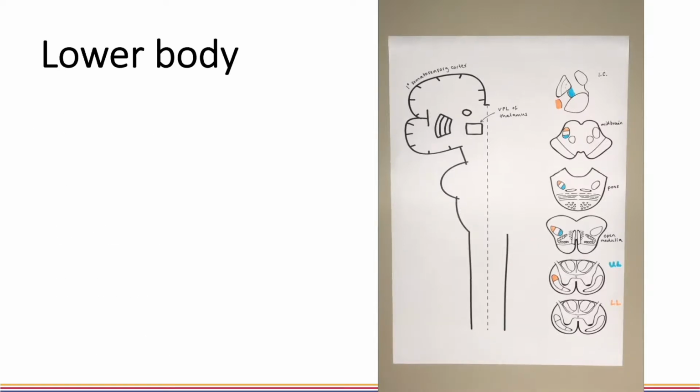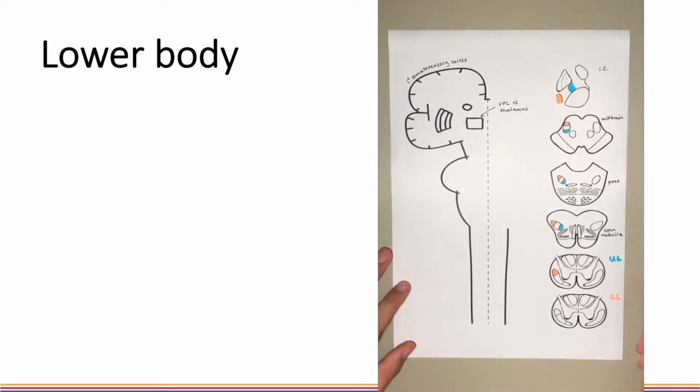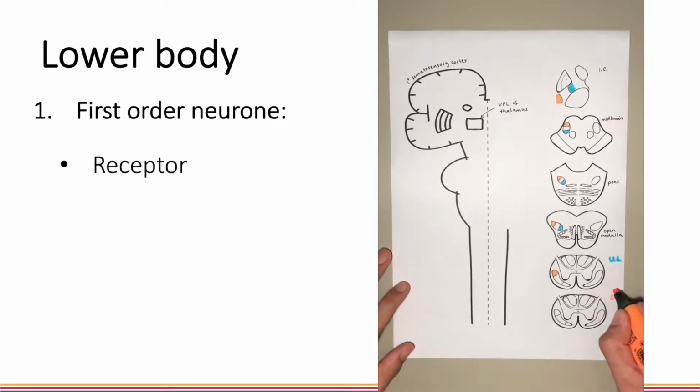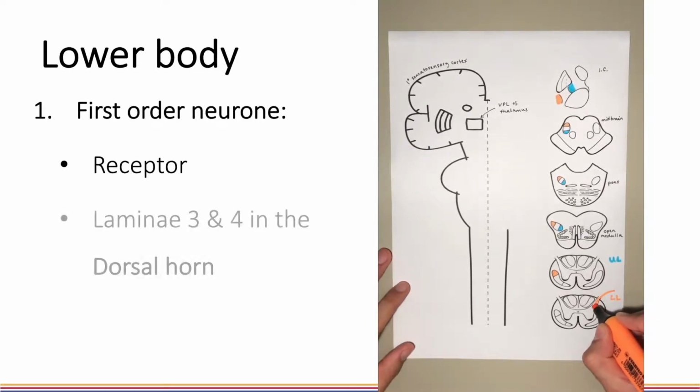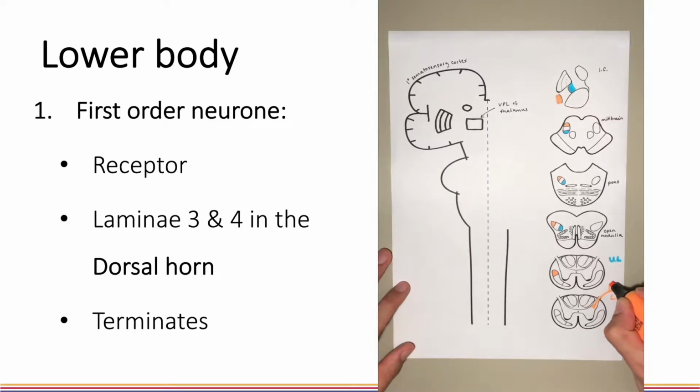First, we'll look at the lower limbs and lower body. The first order neuron runs from the sensory receptor to laminae 3 and 4 in the dorsal horn.